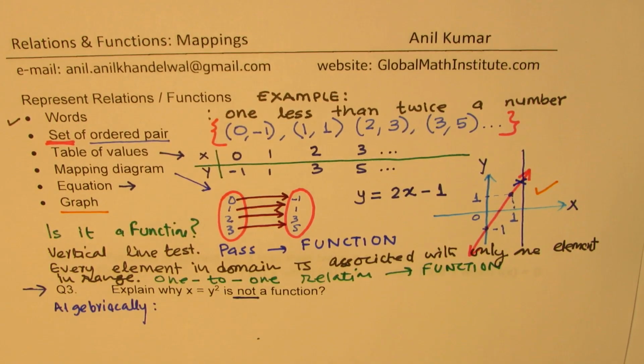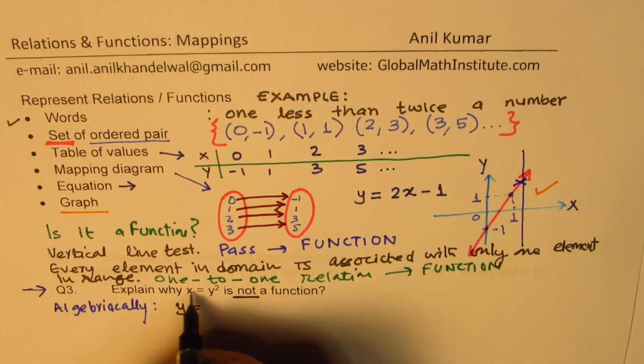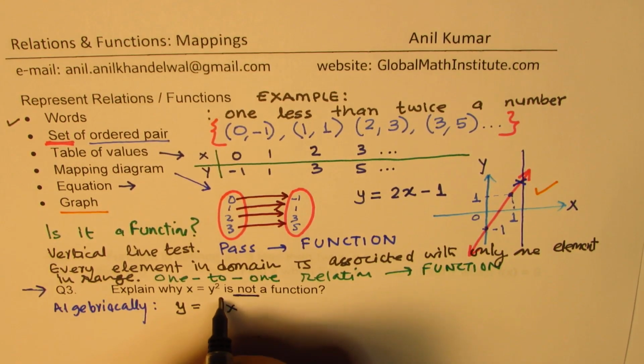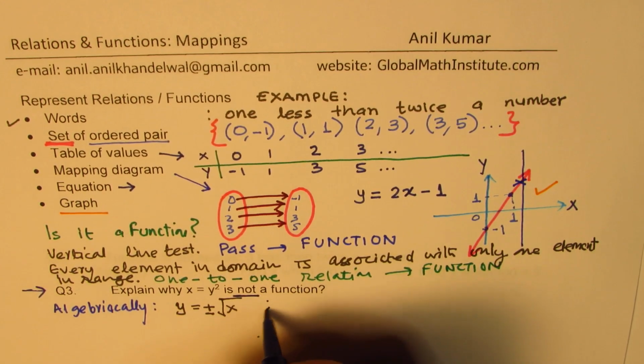In that case, let me write what y is equal to. So y is equal to, we'll say, square root of x. Whenever you do square root, you have to take plus and minus. It makes sense, right?